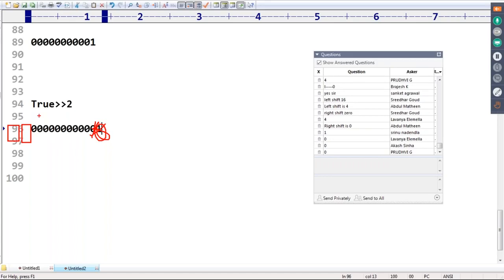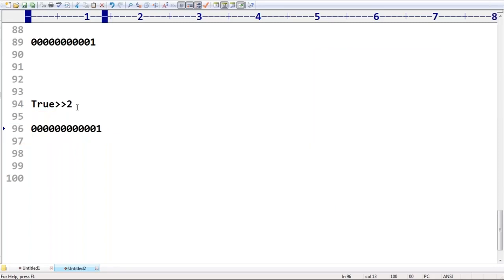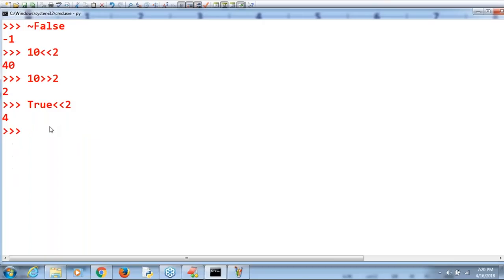In the 2 vacant cells, the sign bit means a positive number, so 0 0. Then the result is all zeros. If all are zeros, the output is 0. So true right shift 2 always gives 0 only. Clear?